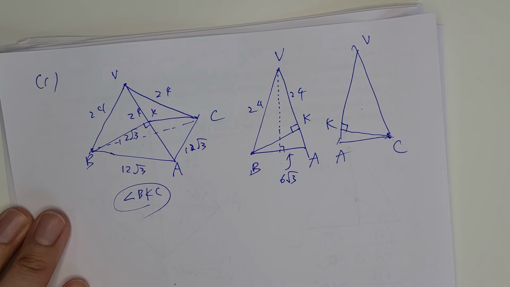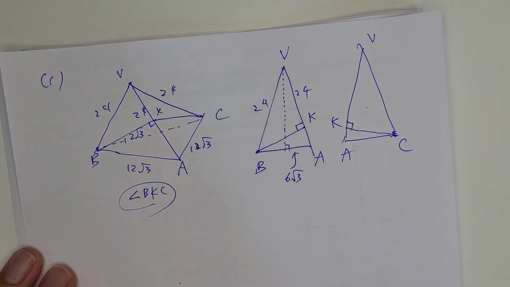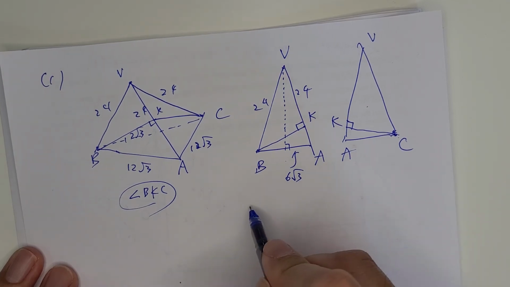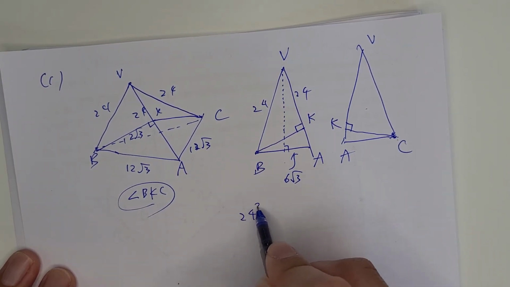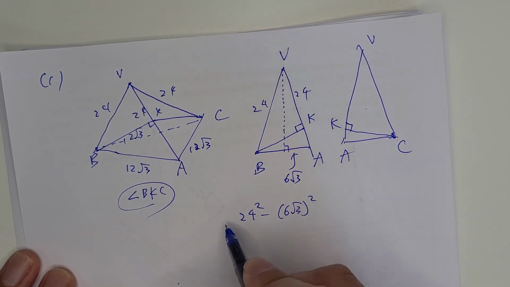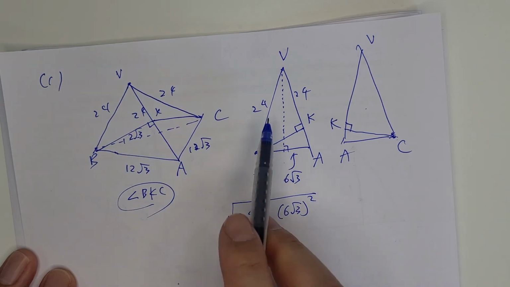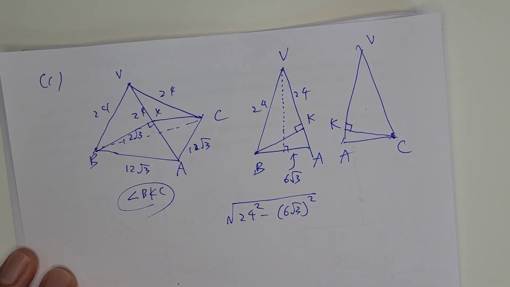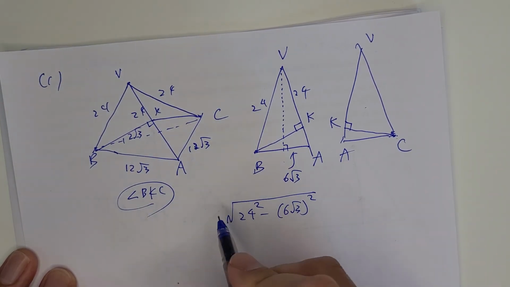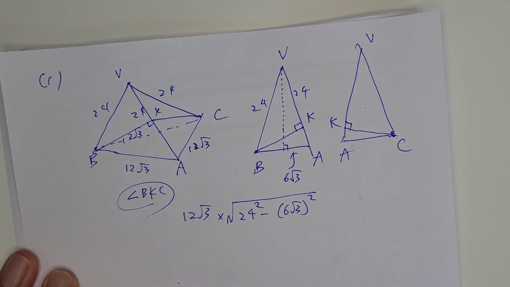So we can find the height of this isosceles triangle. That should be 24 squared minus (6√3) squared, and then take the square root. That is the length of the dotted line. And then multiply by the base 12√3 over 2.